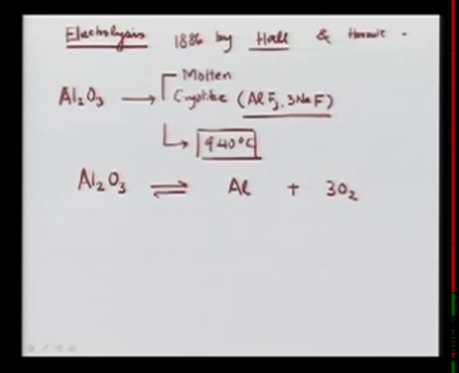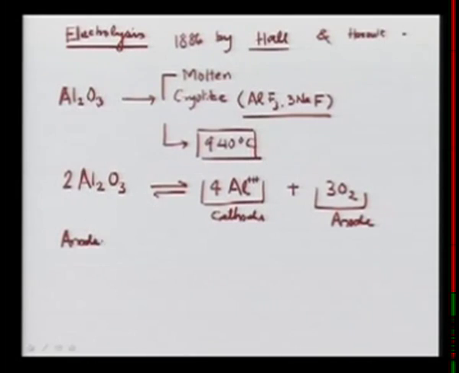We have the 6 here, so 2 will be here, so 4 here, aluminium. And this goes to the cathode as we said. And this goes to the anode, and this anode is made of carbon.